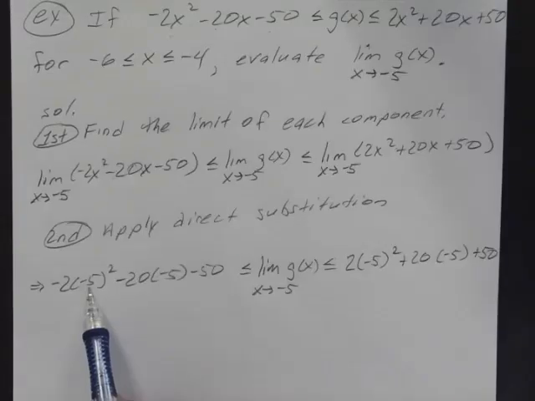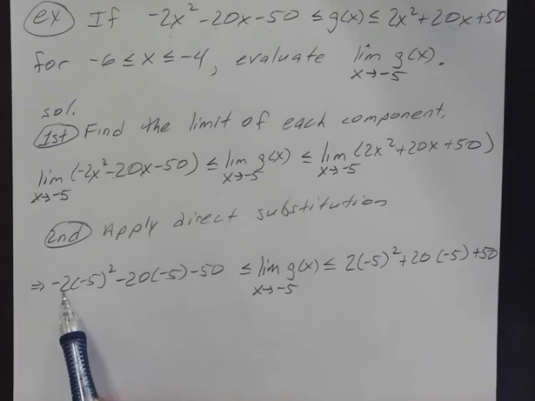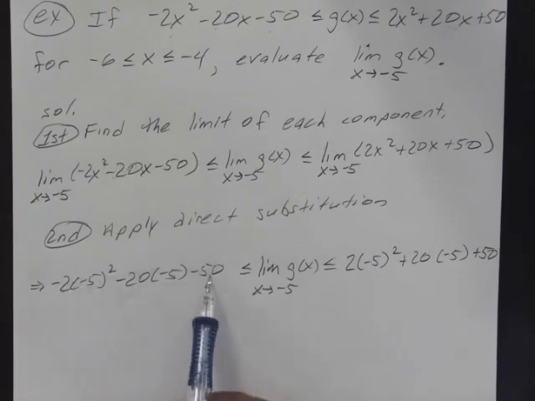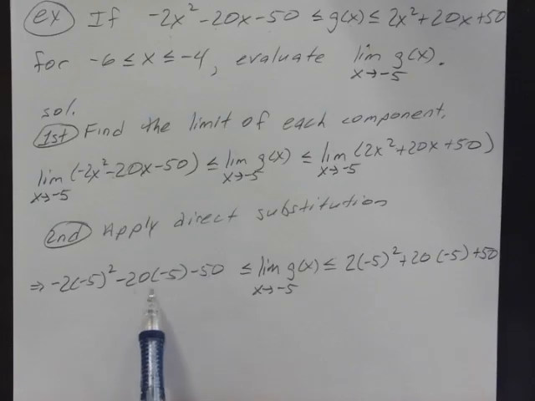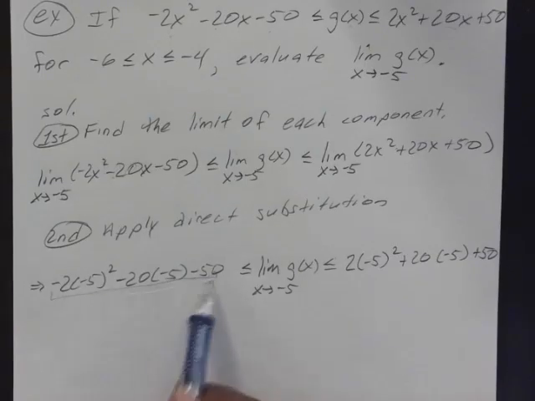Okay. So we have -5 squared, which is 25, times -2, which is -50. So -50 and -50 is -100. If you multiply these two, that gives you +100. So this just simplifies to 0.